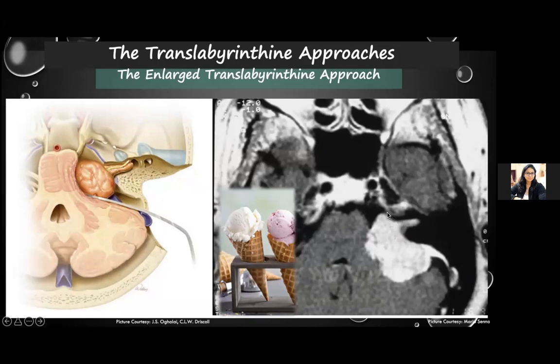I have put this picture to show you that not all tumors with an ice cream cone appearance are acoustic schwannomas, because the MRI scan is actually a meningioma.